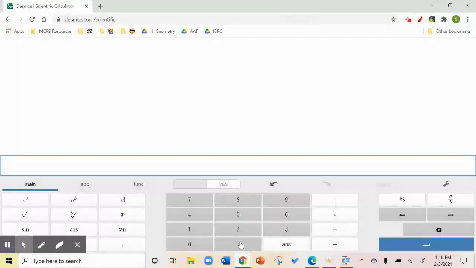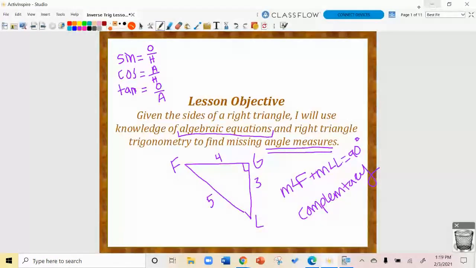It's linked on the MyMCPS classroom under geometry resources, or tech resources, or just Google scientific calculator, desmos.com/scientific. Great, use it.